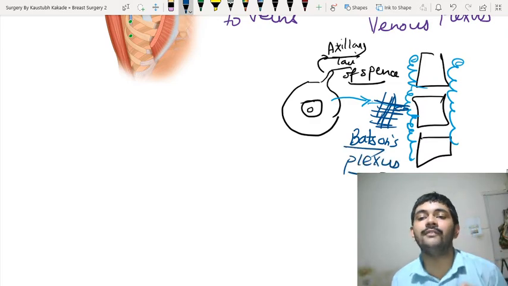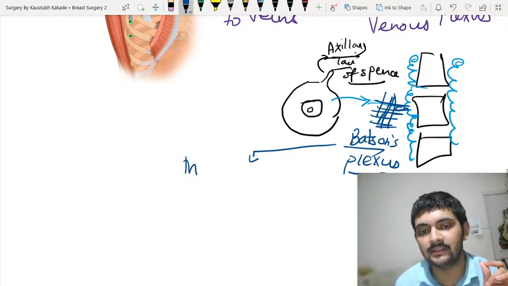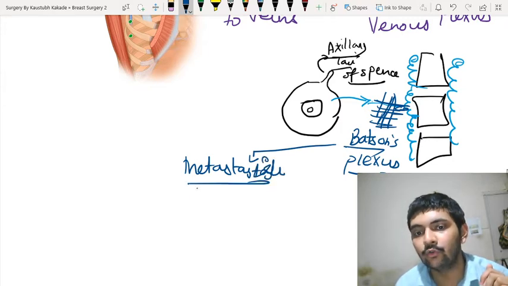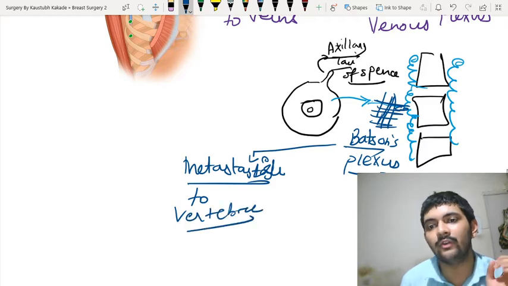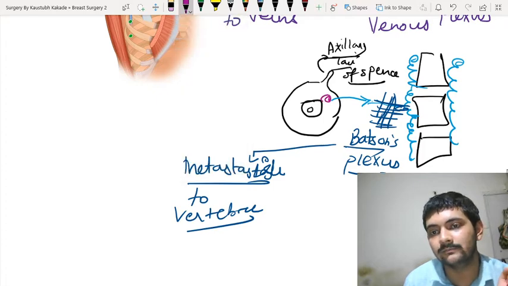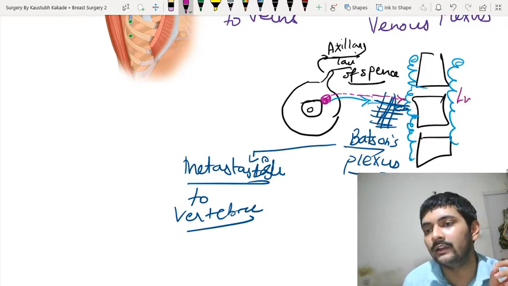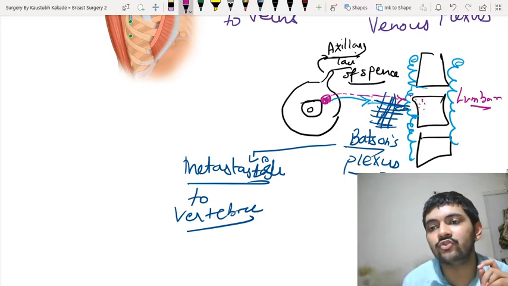This is a very important landmark because through Batson's plexus there is metastasis to the vertebrae. If there is a lump over here, the malignant cells will metastasize to the vertebrae, mostly the lumbar vertebrae, and there you will get osteolytic lesions.